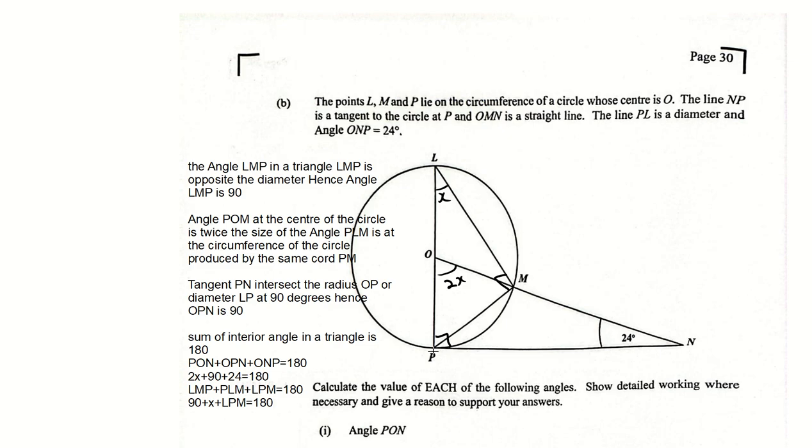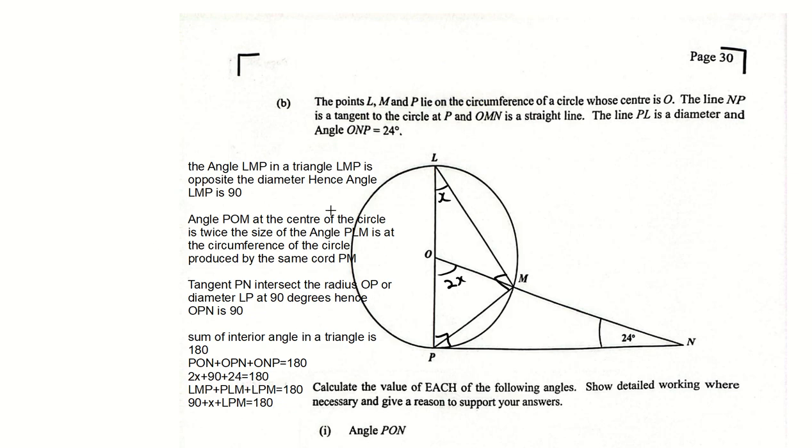We know that LNP is 90. Then PLM, which we call X. Then we have this angle down here, LPM, which we just leave as that, is equals to 180.